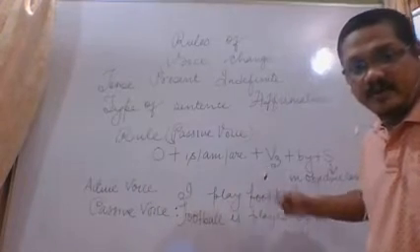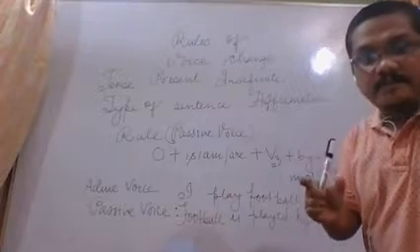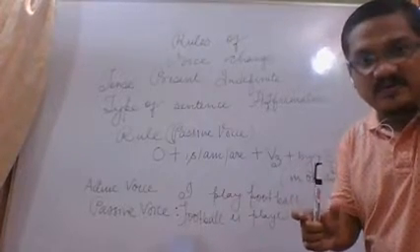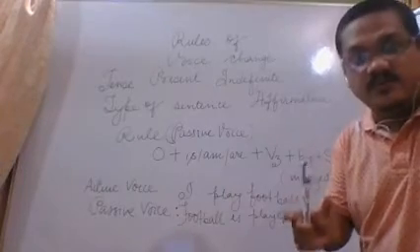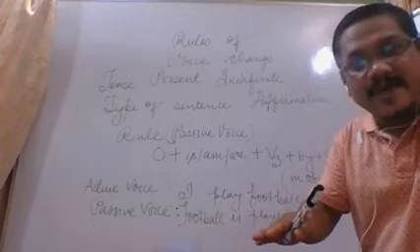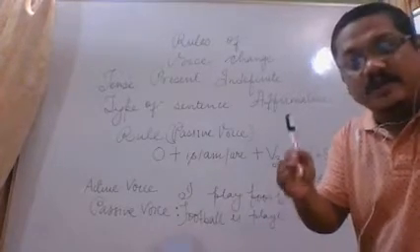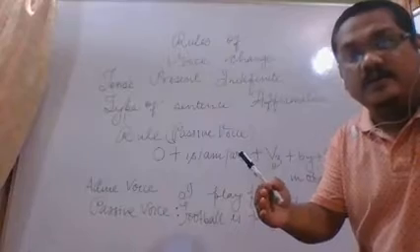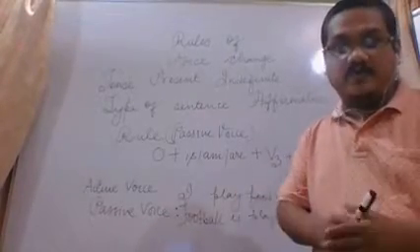V3 is very important. Now this thing I must tell you, that in passive voice the verb must be in third form. In any tense, in any type of sentence, the verb must be in third form. Now see, that is where I told you verb is important.